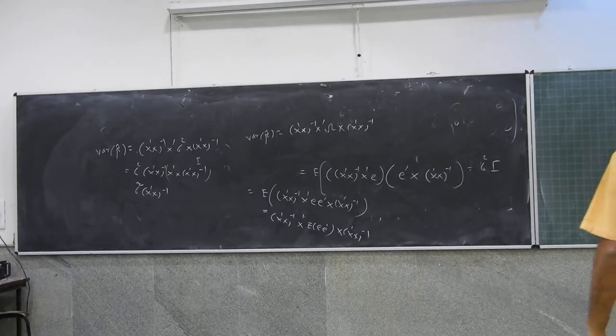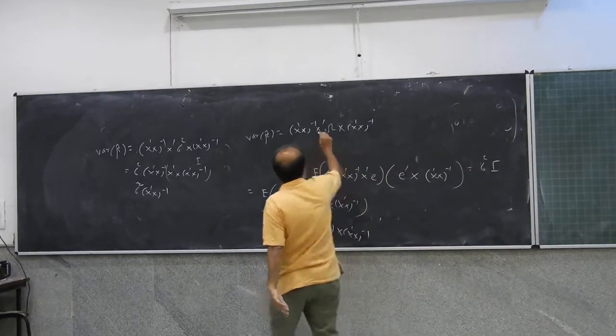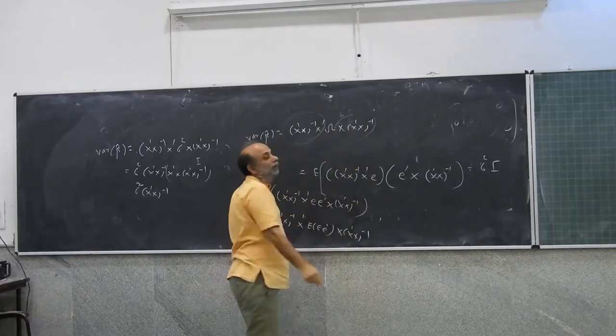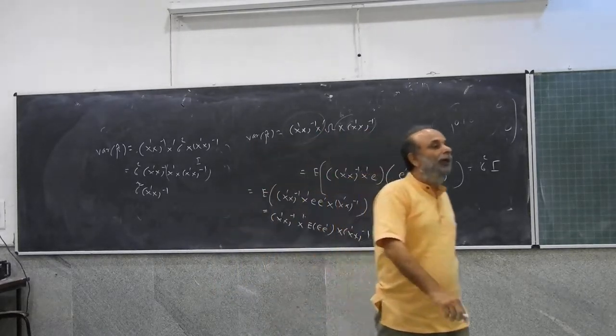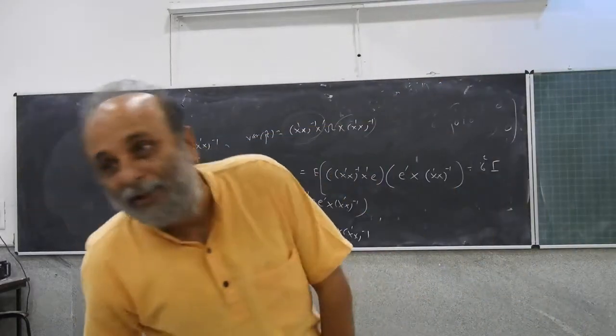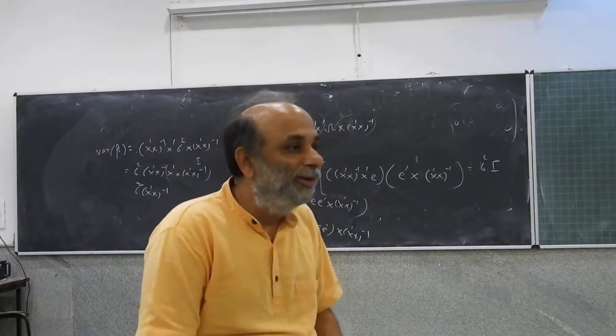This is called the hat matrix, a very important point. And what you have there is called the sandwich, because you have x dash on both sides, and the matrix inside. The middle part is called the meat and the outer part is called the bread, and the whole is called the sandwich. It's a very important quantity.